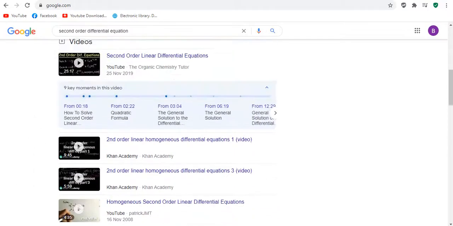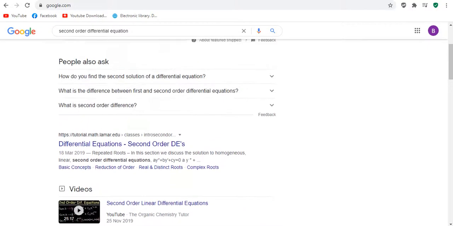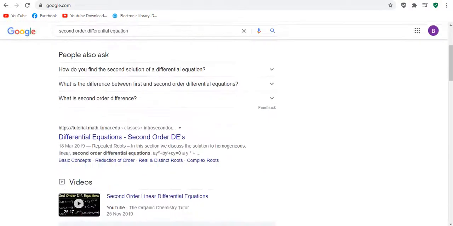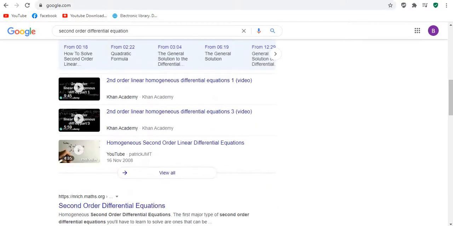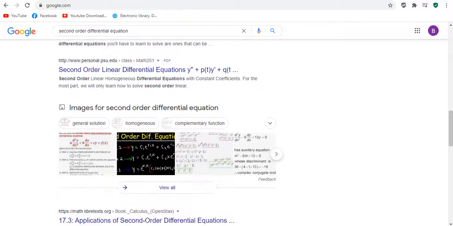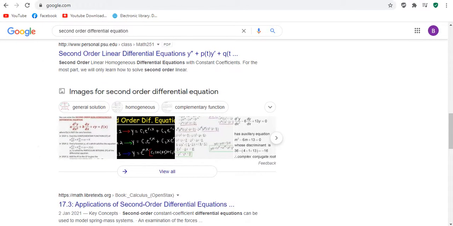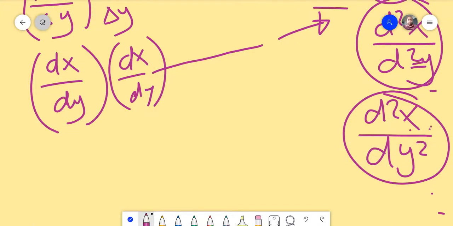I'm seeing some here that is written. Yeah, so you see this one here. You can see how it's written. d squared y over, then this power comes somewhere there, isn't it? So this is the format. This is the right format. Okay? This is the right format.